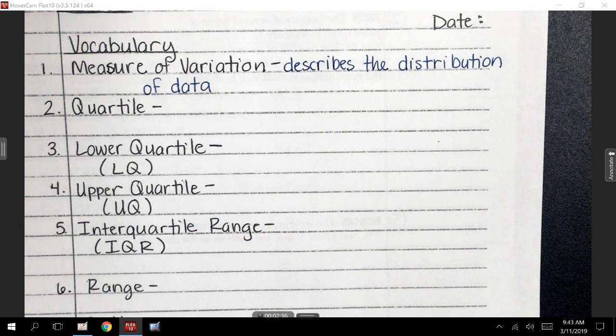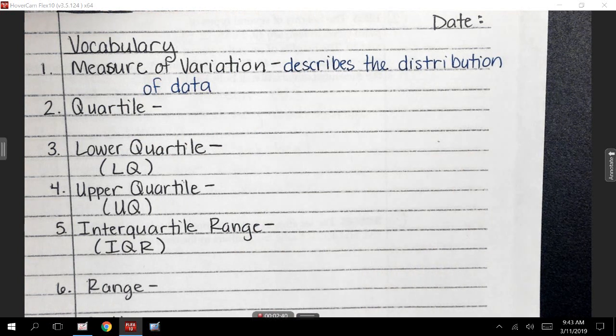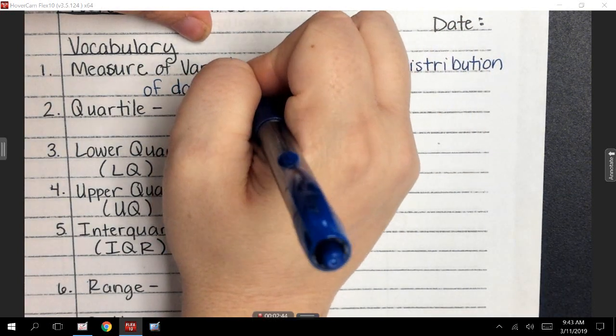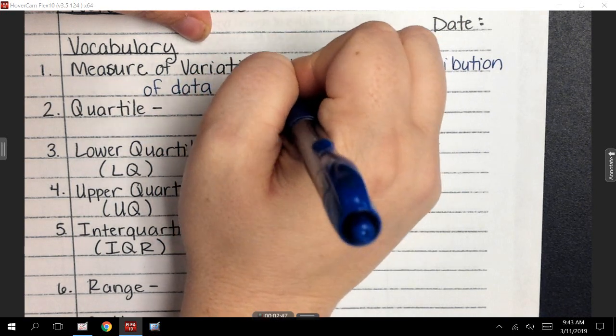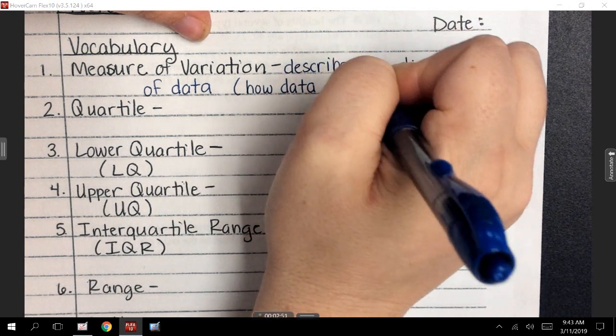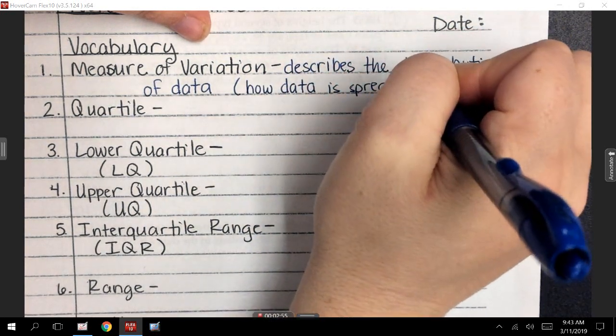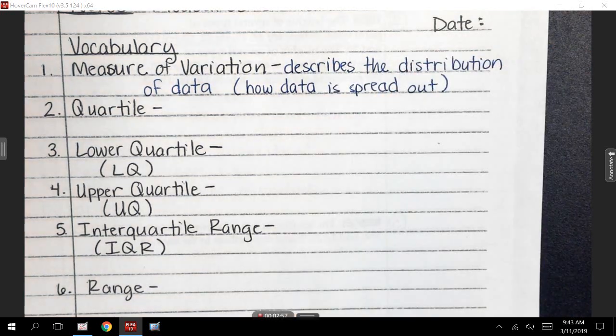Juliana: To hand out. So it describes how the data is not handed out, but in this case we're going to say how the data is spread out. So maybe we should put that in here: how the data is spread out. Are y'all okay with that? Distribution means you're passing it out or handing it out or spreading it out.